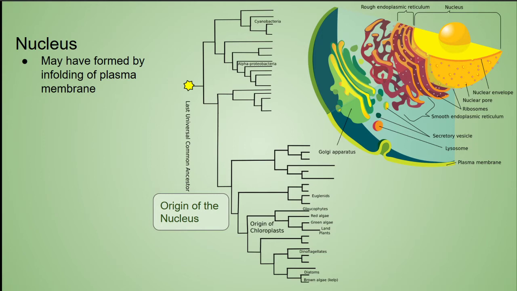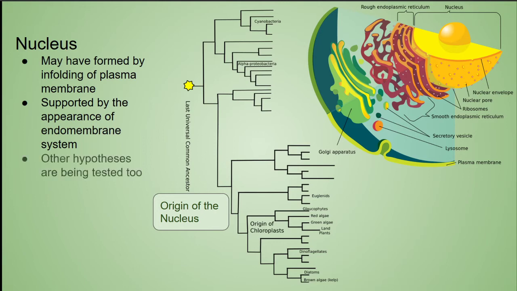And so this is the origin not only of the nucleus, but also of the endomembrane system that includes the endoplasmic reticulum. The idea that the nucleus is associated with the endoplasmic reticulum has a lot of support, and the idea that they develop together has a lot of support.